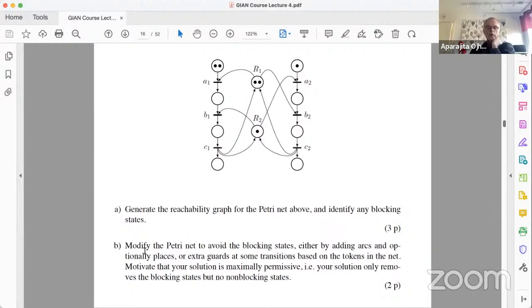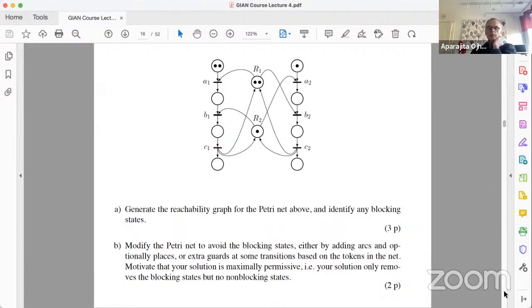So then we should avoid these blocking states. We'll do that by adding arcs and optionally also places. Motivate that your solution is maximally permissive. That is, your solution only removes the blocking states, but no non-blocking states.